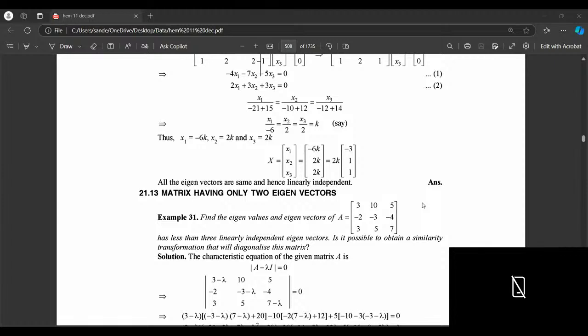Means three cases. You can take any one of these for the second eigenvector. Then whatever you have chosen, for the third eigenvector you take another one. If you have chosen k1 is 1, k2 is 1 for the second, for the third choose k1 is 0, k2 is 1.